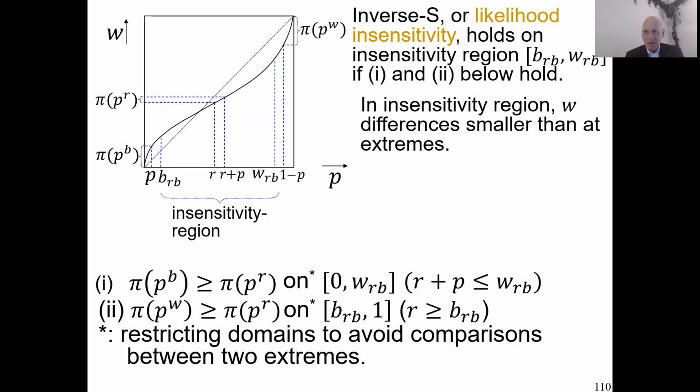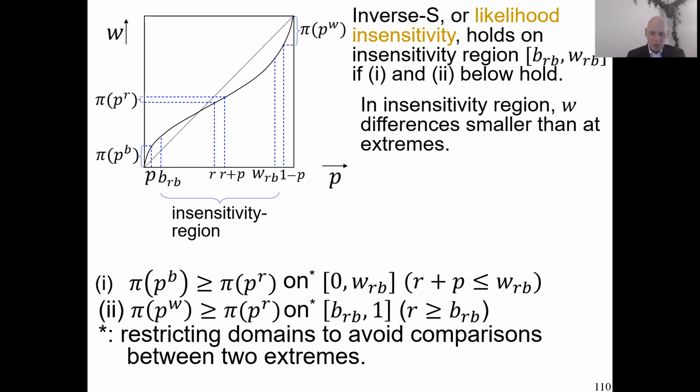So it's part of the modeling decision what the insensitivity region is. Anyway, we say that this likelihood insensitivity holds on the insensitivity region if the inequalities 1 and 2 written below hold. So that's the formal definition of inverse-S or likelihood insensitivity.